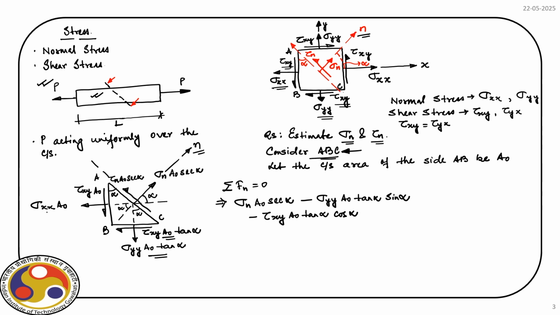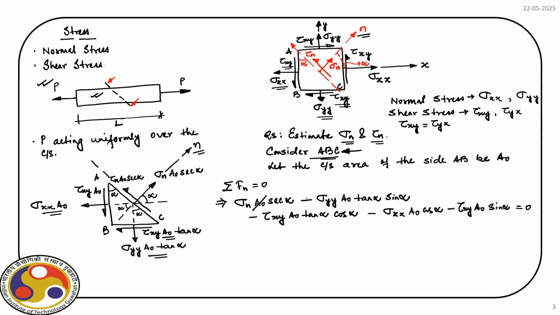Then we have sigma xx times A naught. So, minus sigma xx times A naught, then cos alpha, and then minus tau xy times A naught, and we have to take sin alpha, which is equal to 0.